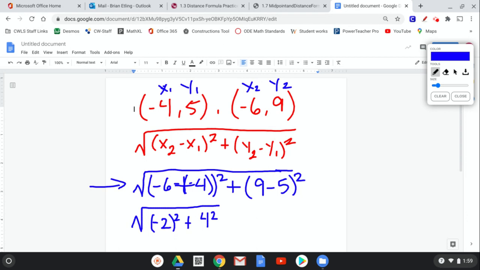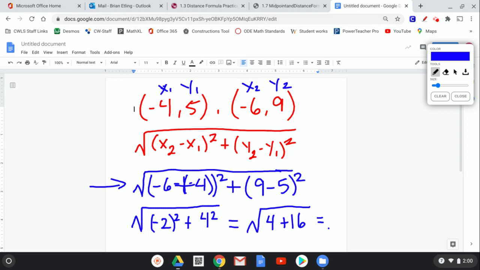Now, we're not done yet, so we have to simplify a little bit more before we plug it in our calculator. So -2, and remember, this is where you want to put -2 in parentheses, just like I have it written in your calculator, because it's -2 times -2, so you should get 4. So -2 squared is 4, and 4 plus 16, because 4 squared is going to be 16, so I want you to write that down.